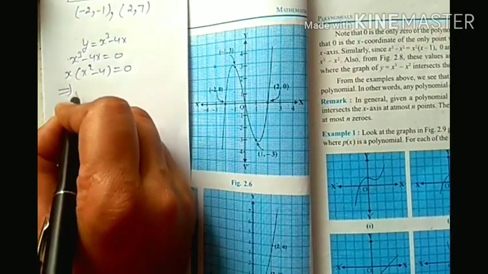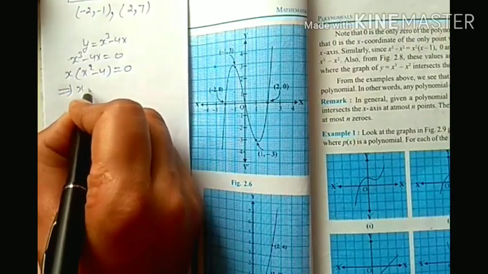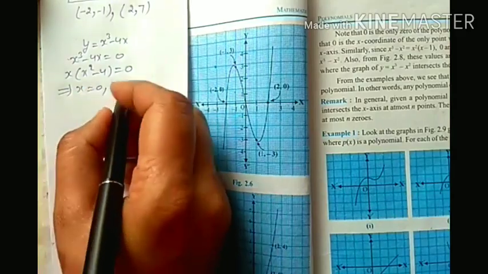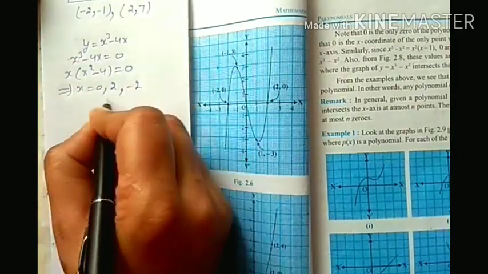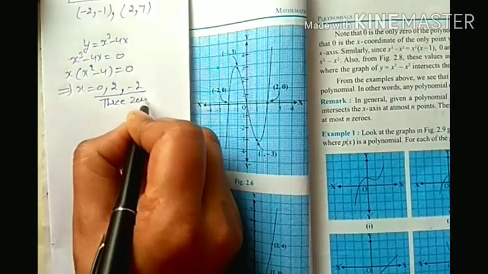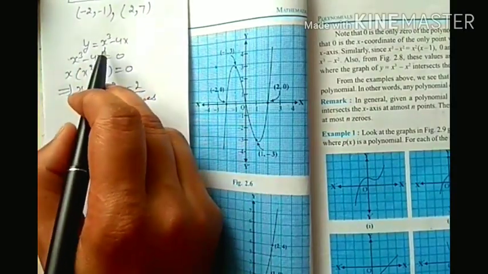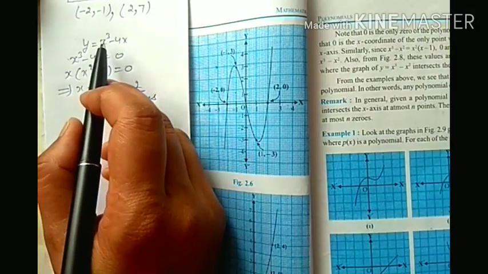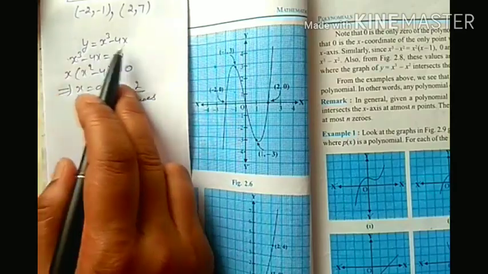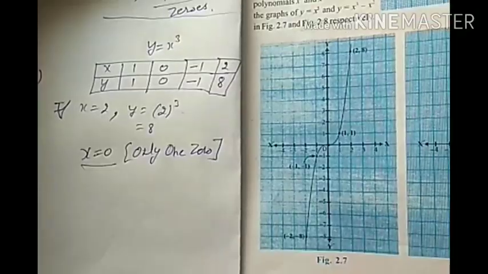So for this we get x is equal to 0, 2 and minus 2, means 3 zeros of this cubic polynomial. A cubic polynomial can have at most 3 zeros. So this polynomial has 3 zeros.